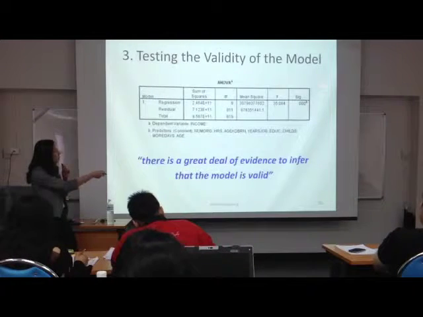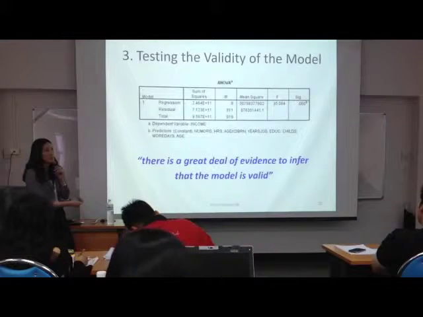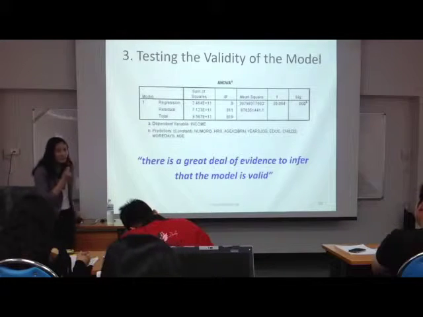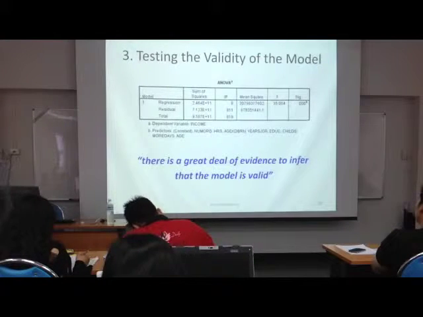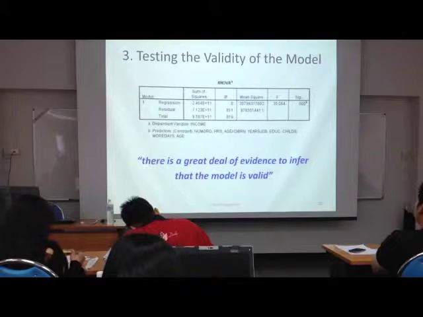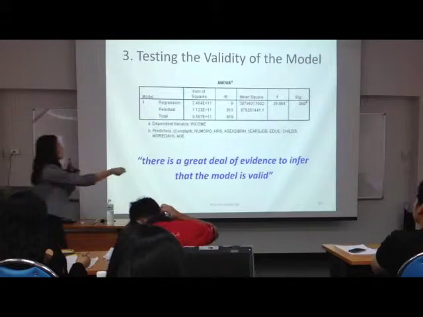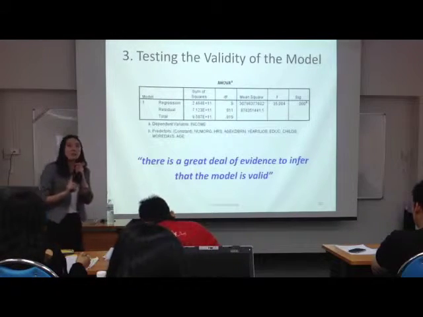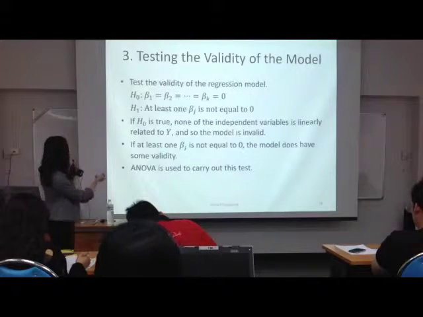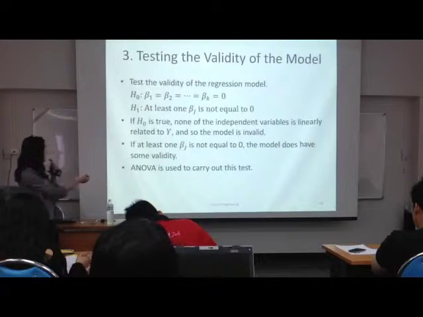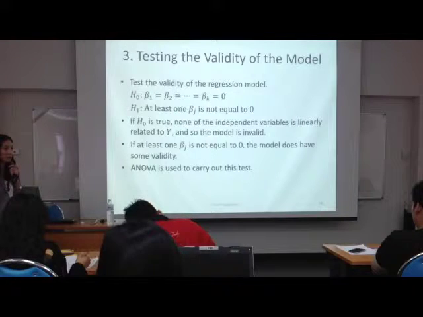Here we have a one-sided p-value equal to 0. What does it mean? Reject. That means our model is good or bad? When you reject the null, for a small p-value we reject the null hypothesis, right? That means that at least one beta is not equal to 0.